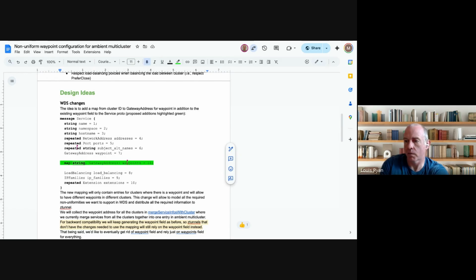We need to find a different way to map it. Or at least we need to test at scale that the churn rates are low enough. Like, let's say an east-west gateway gets rescheduled, what would that do?